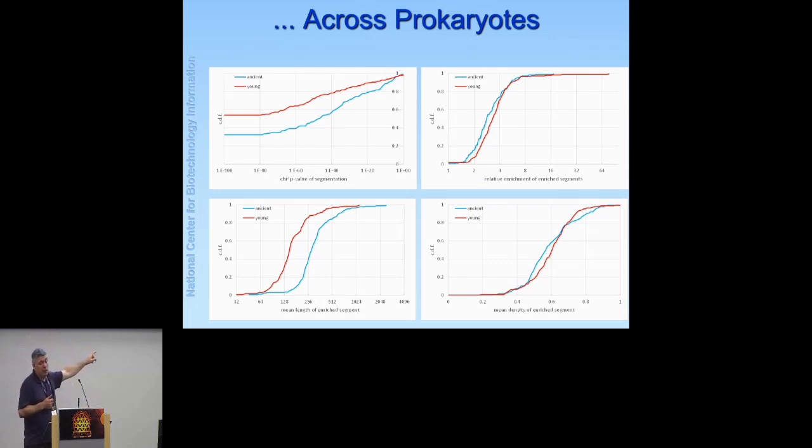And also the segments are fuzzy. They are not like 100% versus 0%. The typical density of enriched segments is around 0.5, 0.6, and for depleted segments is lower by a factor of 2 to 4.